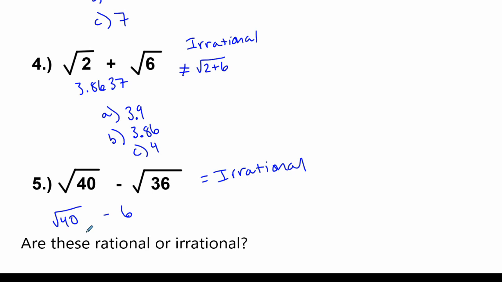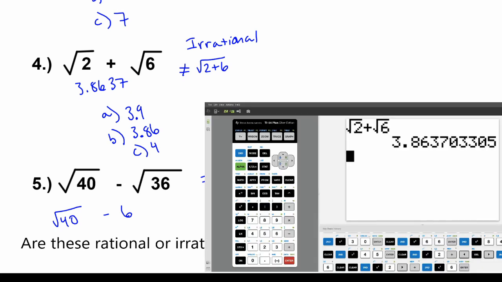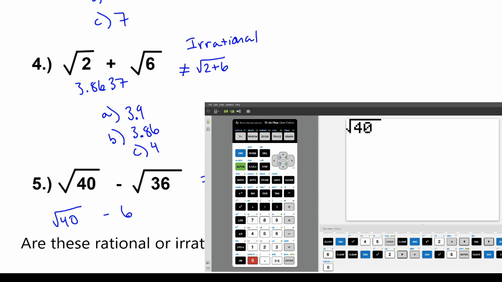Okay, as a decimal, what does it come out to? Well, let's see. My calculator wants to behave. There it goes. Root 40 minus 6. Make a prediction. Should be bigger than 0, should be positive, but only by a little bit.